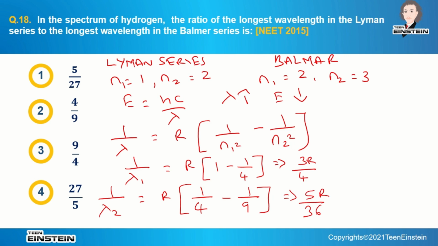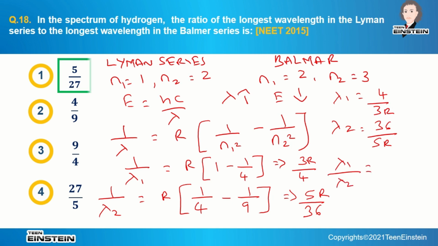Okay, so lambda 1 will be 4 by 3R and lambda 2 will be 36 by 5R. So the ratio of these two wavelengths only they have asked. So it will become 4 by 3R into 5R by 36. So R and R will get cancelled.